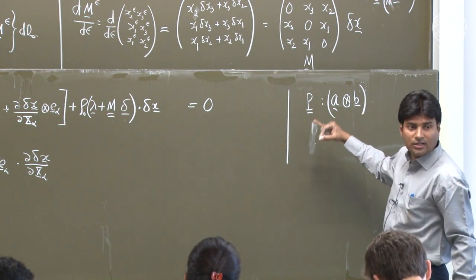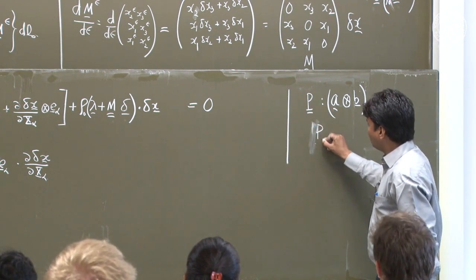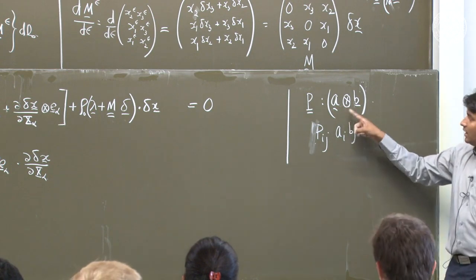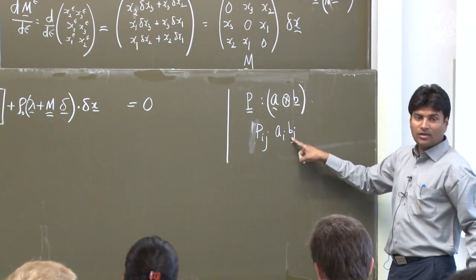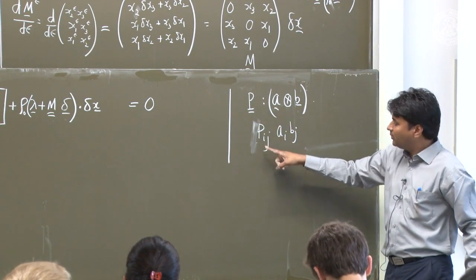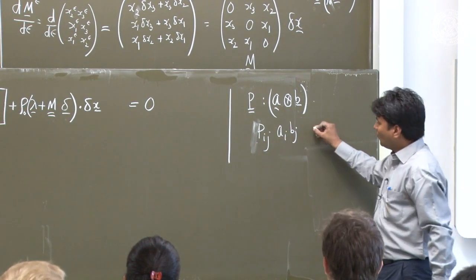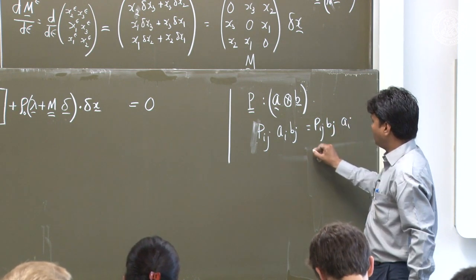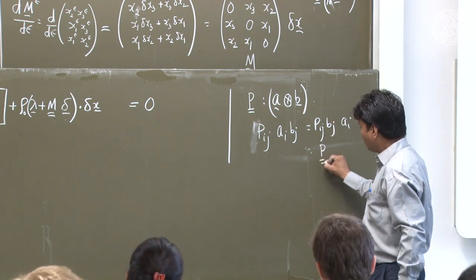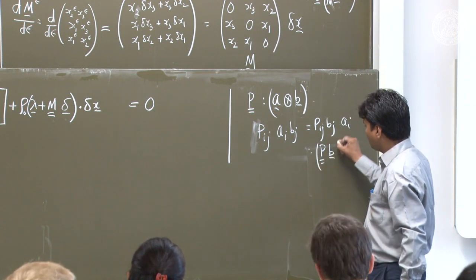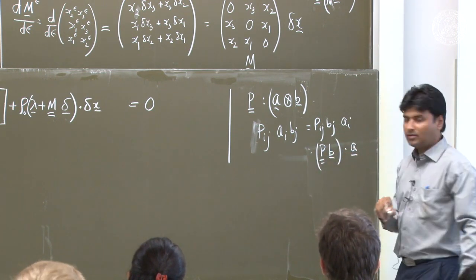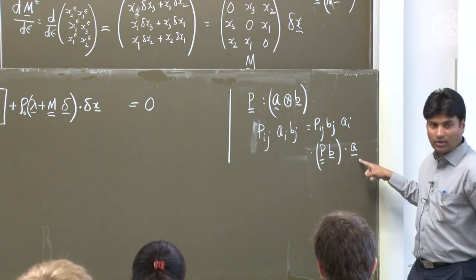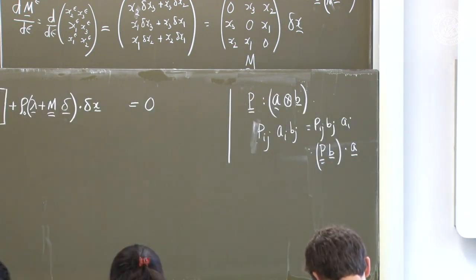So if you work it out in index notation, this is P_ij of A_i B_j, because A tensor product B is A_i B_j, and we want to take the double contraction, so it becomes P_ij A_i B_j, which is same as P_ij B_j times A_i, and you see this is same as P matrix times the vector B and then dot with A. So the last one first gets multiplied with P and then we dot with A, and that's what we have done over here, right.